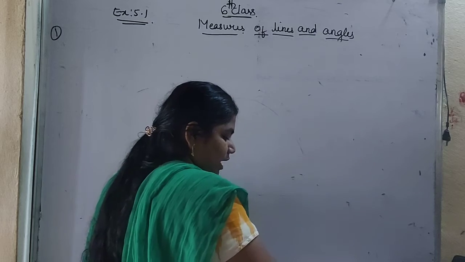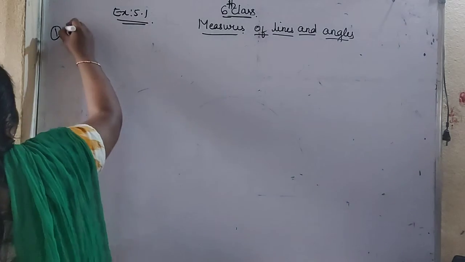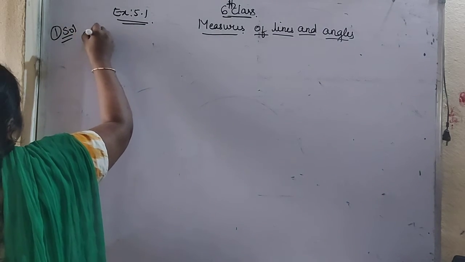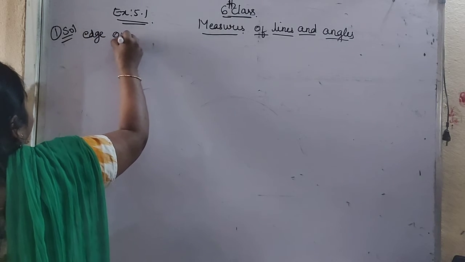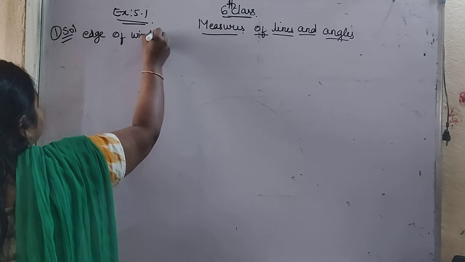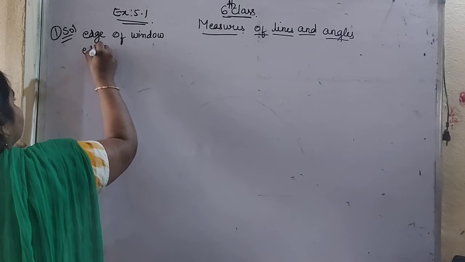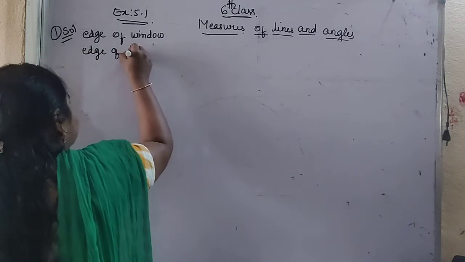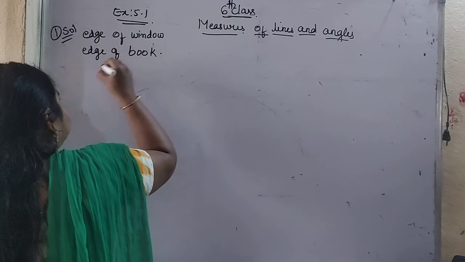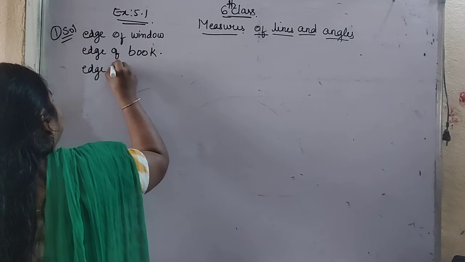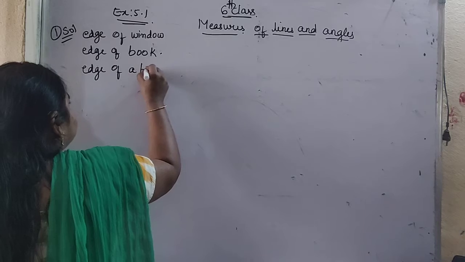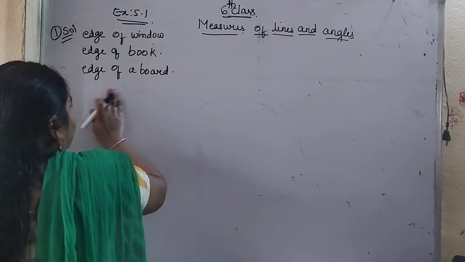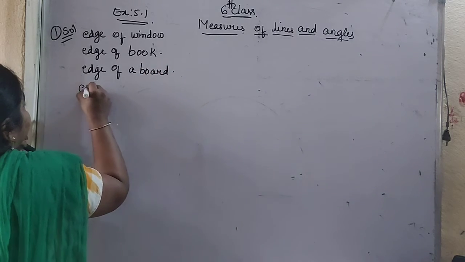So we will write the examples now. The first solution is edge of a window, edge of a book, edge of a board, and you can take edge of a duster.